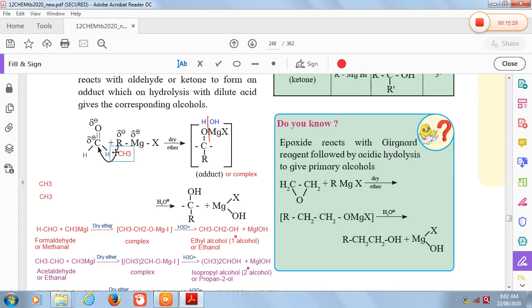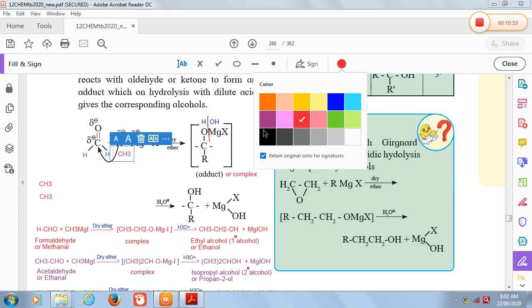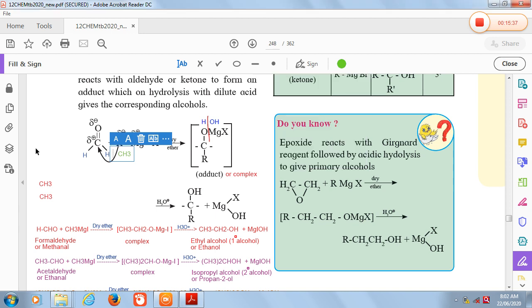So this is the alkyl group from the Grignard reagent. So to get your Grignard reagent to react with the carbonyl carbon, there are two hydrogens attached to the carbonyl carbon.